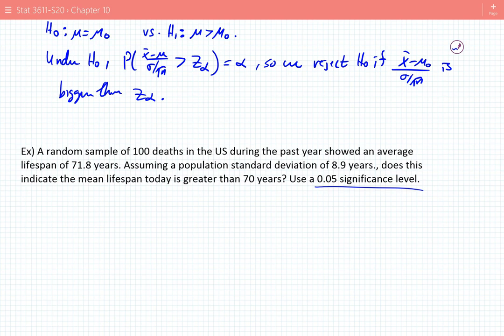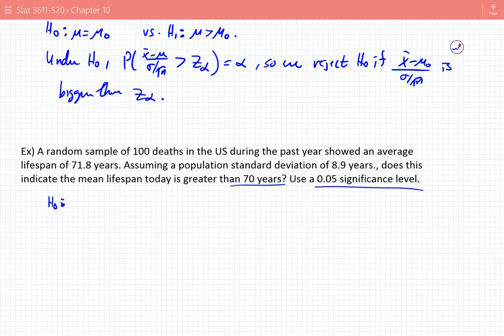All right. So in order to do the hypothesis test, we have to start with, well, the hypotheses. What should the null hypothesis be here, and what should the alternative be here? Well, the underlying assumption is that the going rate is that the mean lifespan is 70 years, right?